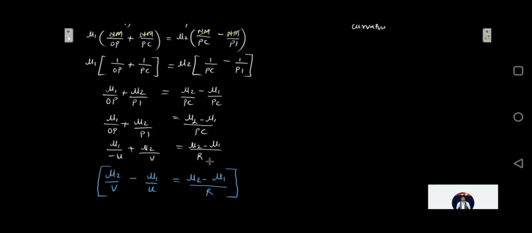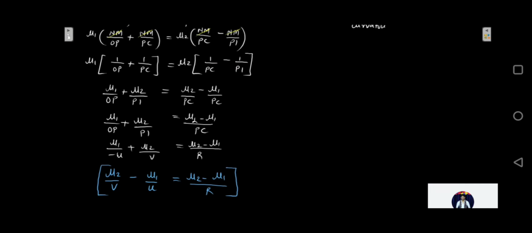So this is for a convex refracting surface wherein your object was placed in a rarer medium and the image was formed in a denser medium. The thing we can note over here is that if the rarer medium is air, that is the refractive index of the first medium wherein the object is placed is air, mu1 will be equal to 1, and let us say that the refractive index of the second medium, that is mu2, is equal to mu.